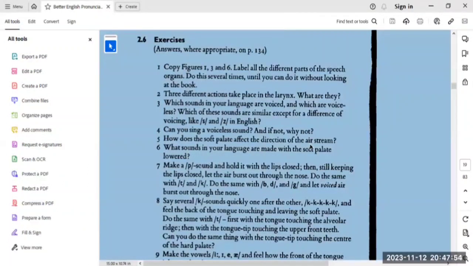The soft palate moves, so it can direct the air either through the nasal passage or through the mouth. So this is the significance of the soft palate. We talked about it last time and at the beginning of the lecture in this session.